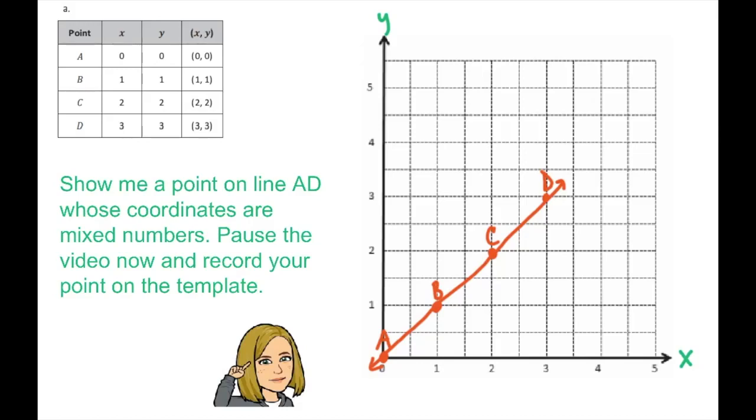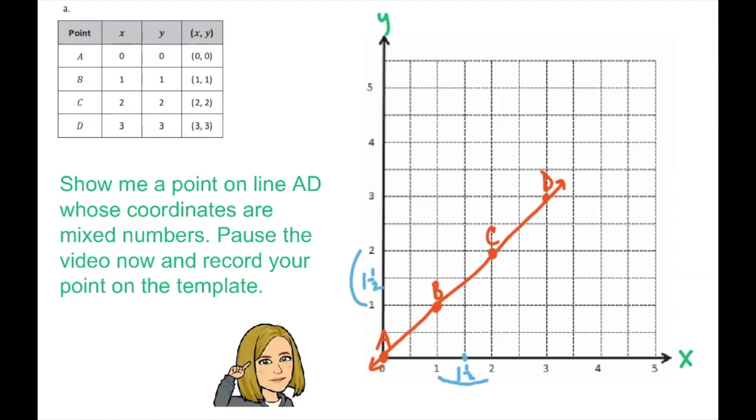So if I think about a mixed number, I know that I need to have a whole number and a fraction. I also notice that my x-axis and my y-axis have a partition spot in between the whole numbers. So if I remember my previous learning, if 1 and 2 is partitioned in half, then that would represent 1 and a half. I can do the same thing up here.